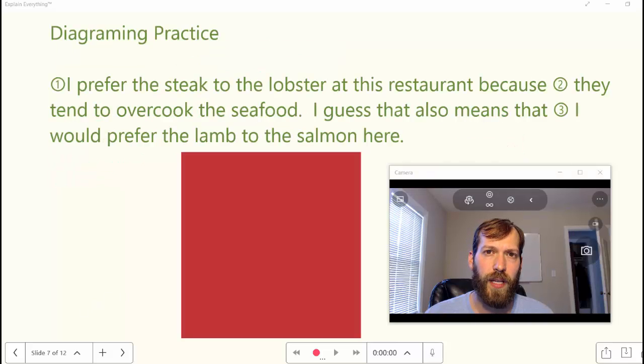I want to take a look at several diagramming problems, so several arguments that we need to diagram correctly. And the reason why I want to do that is, in my experience, students tend to find these to be pretty challenging. If you think about the patterns that we've looked at independently, any given pattern itself doesn't seem to be too challenging, I don't think.